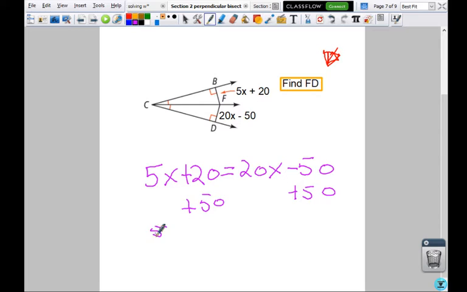So she added 50 to both sides. We get 5x plus 70 equals 20x. Looks good. Then we're going to minus 5x on both sides.